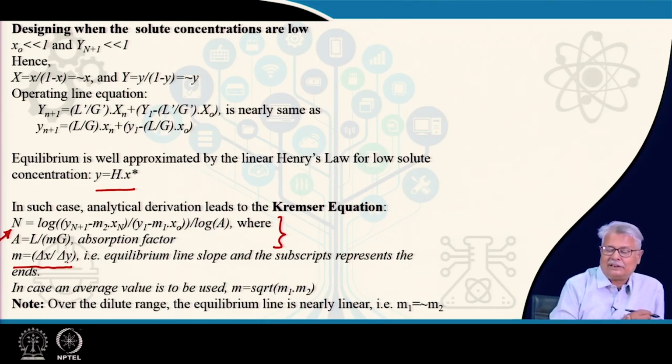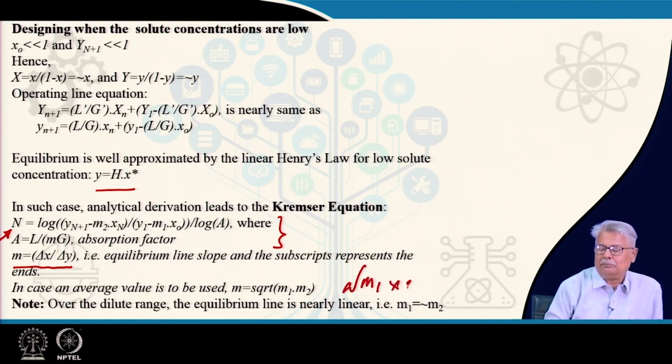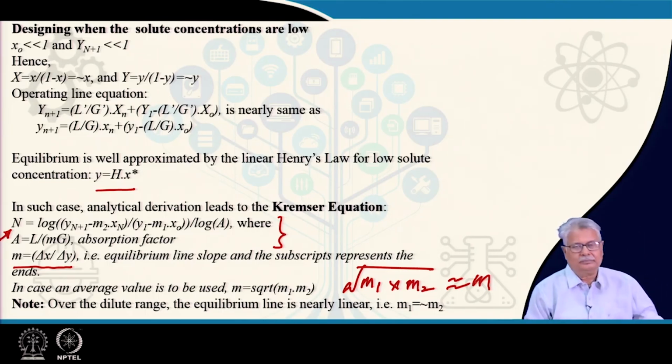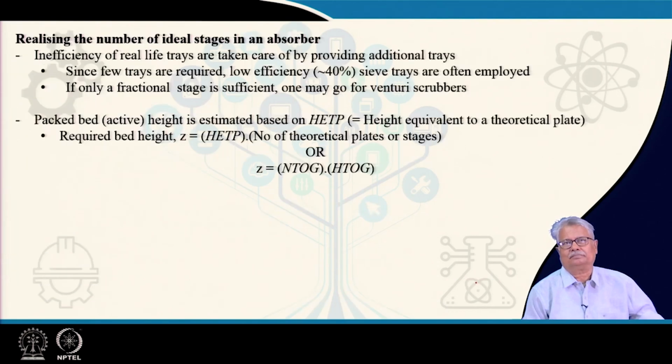In case an average value is to be used, typically it is the square root of m1 into m2, which is used as the m value. This is valid over a dilute range only. The equilibrium line is nearly linear when I have m1 and m2 same.